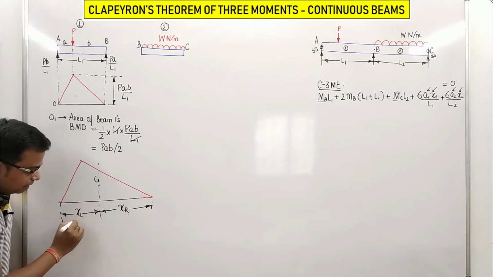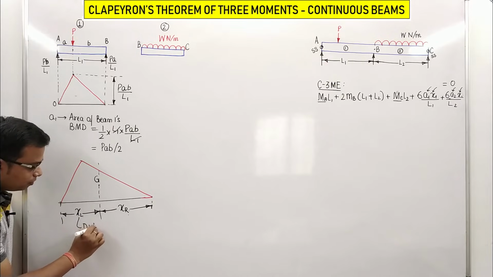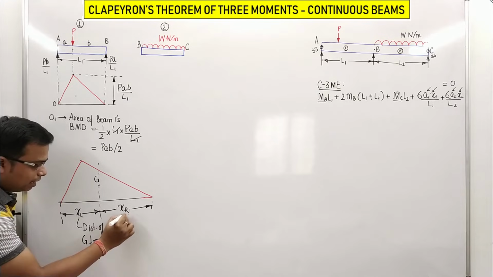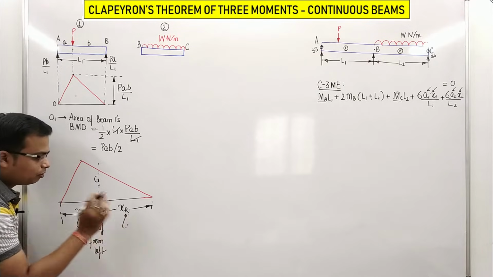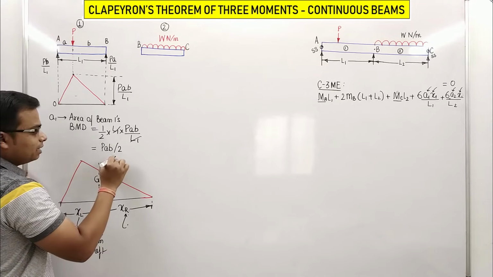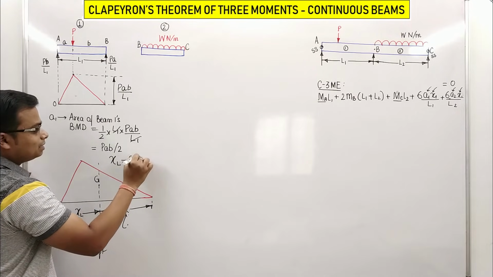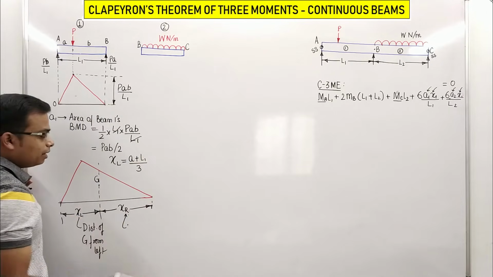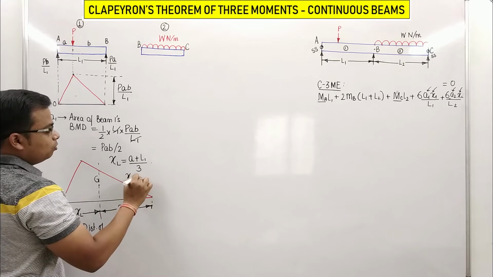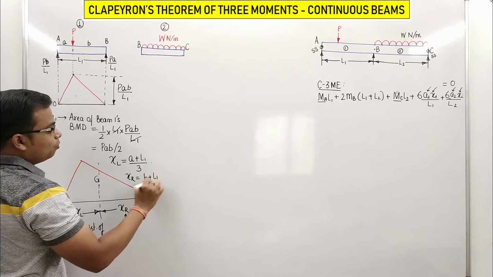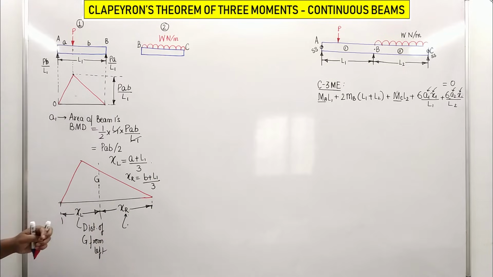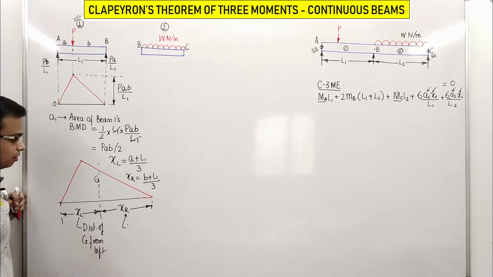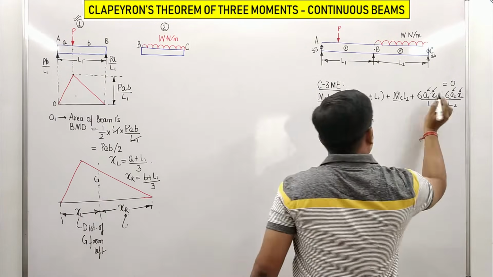Once again, XL is the distance of the centroid, that is G, from the left, and XR is the distance of the centroid from the right. So what is XL? XL, remember guys, is equal to A plus L over 3. Instead of L, I should put L1 over here, and XR is equal to B plus L over 3. But when you talk about beam 1, you will also have to put the value of X1.